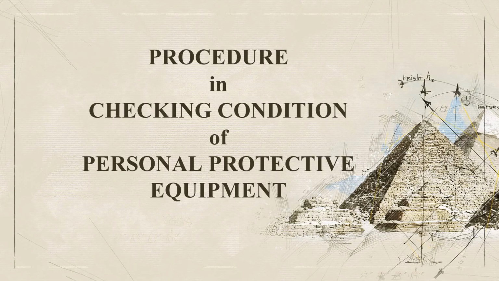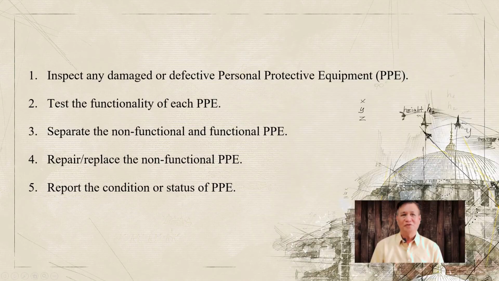I will also share the procedure in checking the condition of personal protective equipment. First, inspect any damaged or defective personal protective equipment or PPE. Second, test the functionality of each PPE.